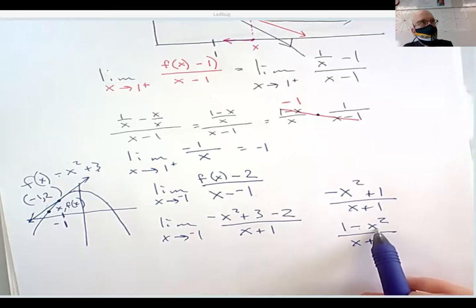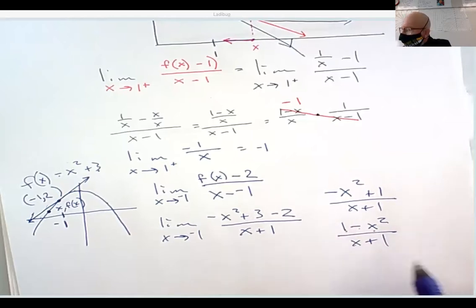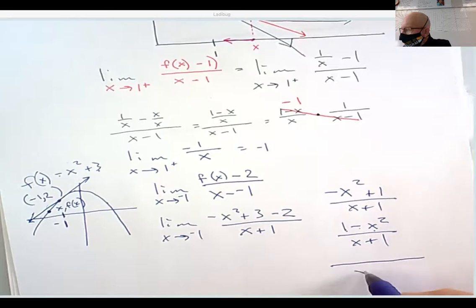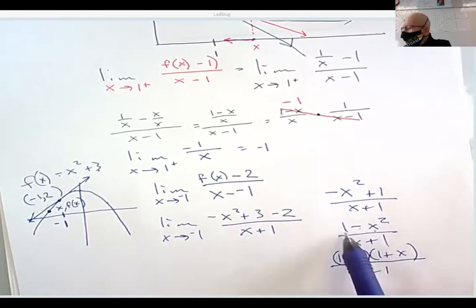Does everybody see how I did that? 1 times 1 is 1. X times x is x squared. So what do the conjugates look like, Bryce? Negative x plus 1, and then x minus 1. Could I say this? 1 minus x and 1 plus x? 1 times 1 is 1.